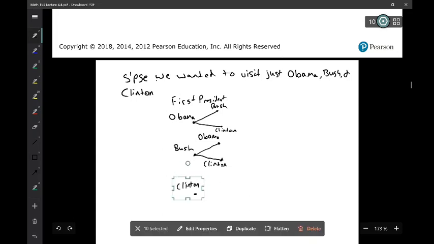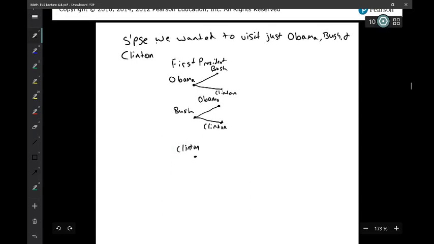And then if you visited Clinton first, you could visit Obama, and then Bush.